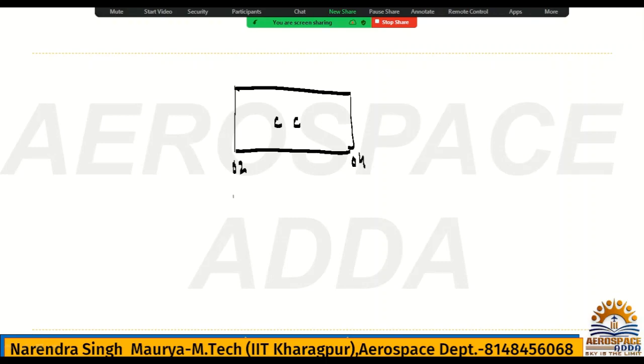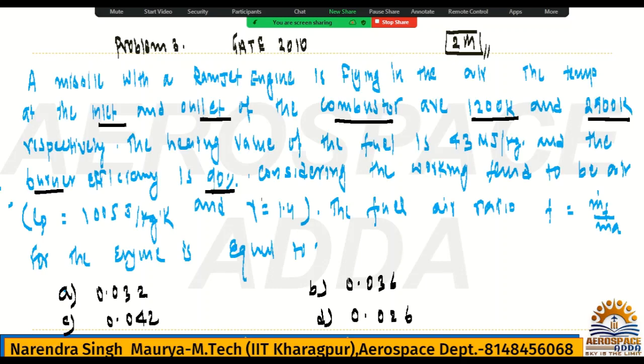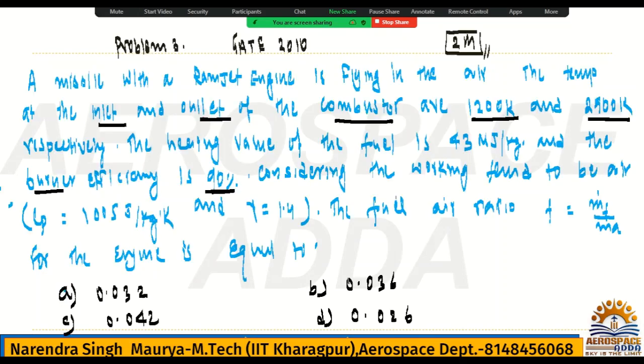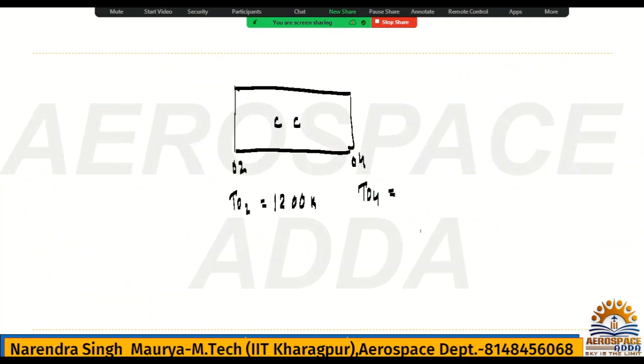So T02 they have given to us how much? It is given 1200 Kelvin, and T04 is 2500 Kelvin. Now, this is the inlet of the combustor.